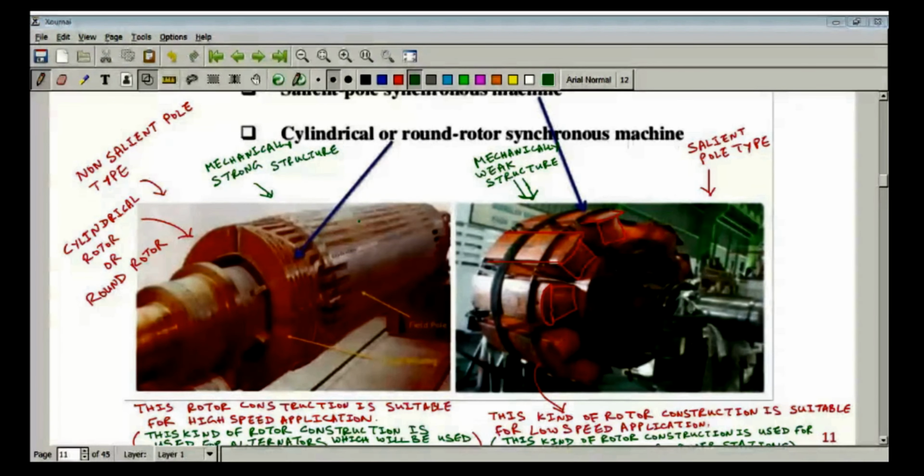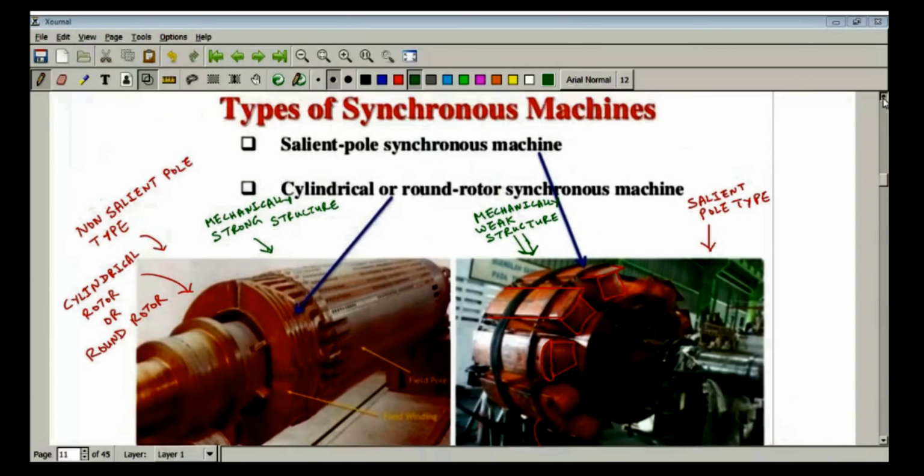So these are another two aspects which we can remember: this cylindrical rotor is a mechanically strong structure, and this salient pole structure is a mechanically weak structure. So the salient pole type structure cannot withstand higher mechanical stress, whereas the cylindrical rotor can withstand higher mechanical stress.